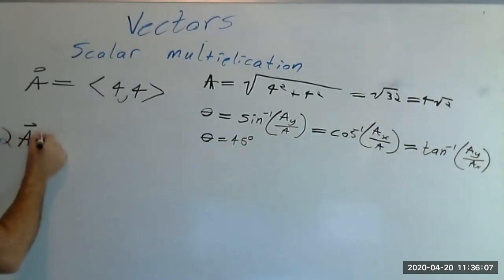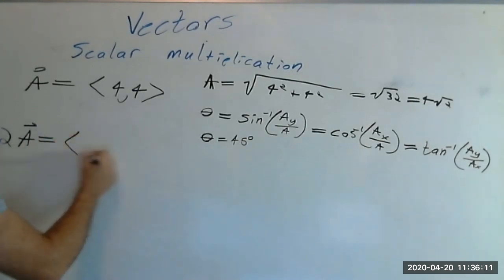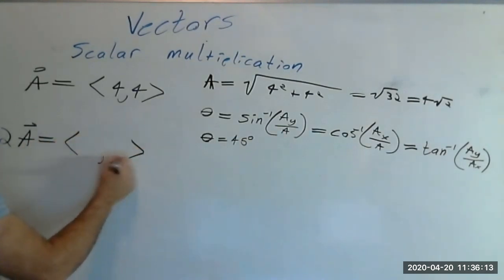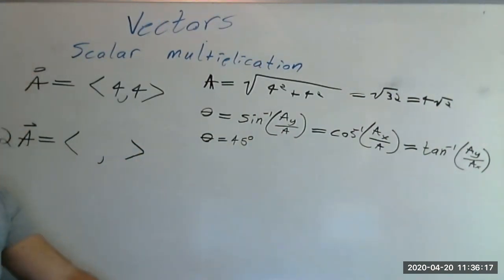2A. And figure out what this equals. So what did we say multiplying by 2 does to the vector? What does it change and what does it not change?